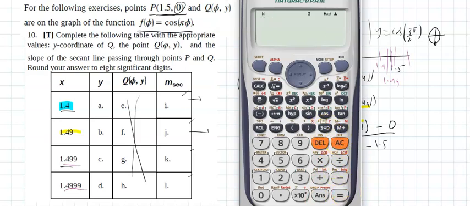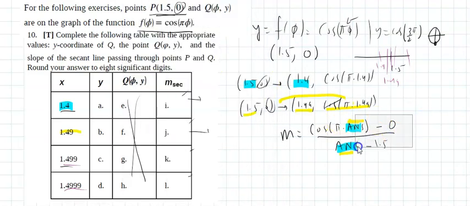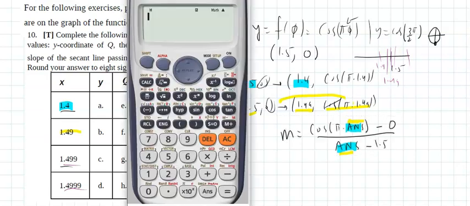If I input that formula once, so the formula is right there, and make sure to use parentheses properly, I'm going to take y2, which is the cosine of pi times answer, or answer times pi. Answer, pi is right there, minus 0 in this case. You don't have to put 0. I'm putting it there just for your notes.